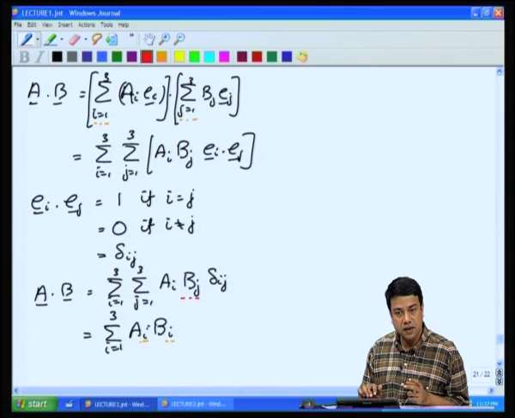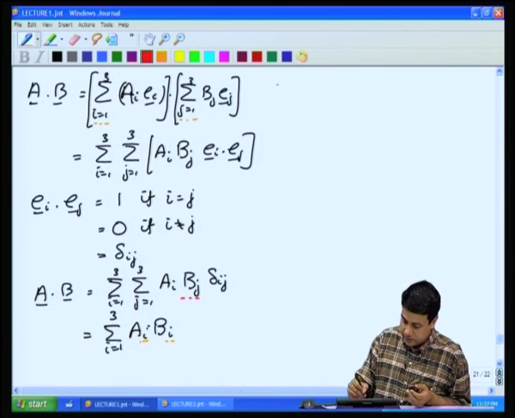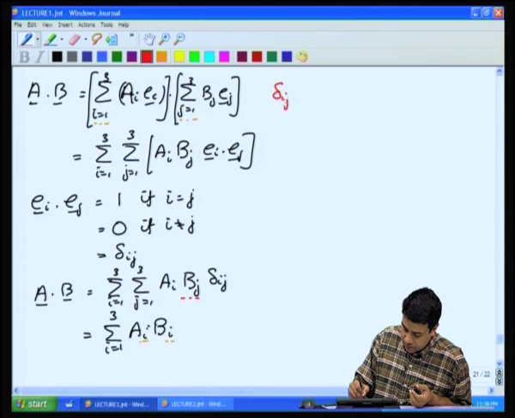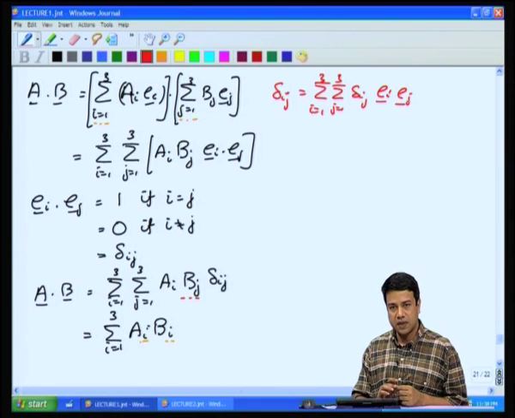Delta_ij has 2 indices, so it is a second order tensor. Okay. So delta_ij, if I expand it out, will be delta_ij e_i e_j.